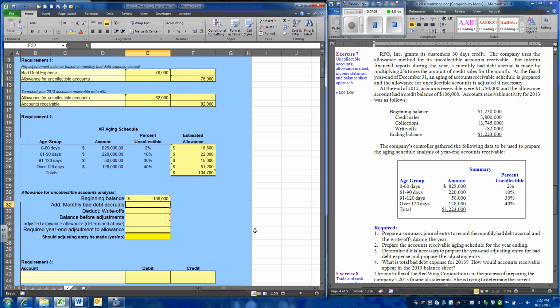We're going to add the monthly accruals to the allowance. We're going to subtract out the write-off, and our balance before applying the adjustment for the aging is going to be 100,000.